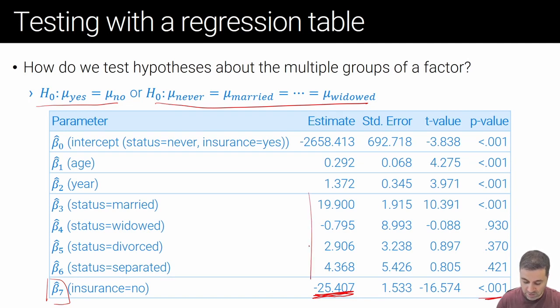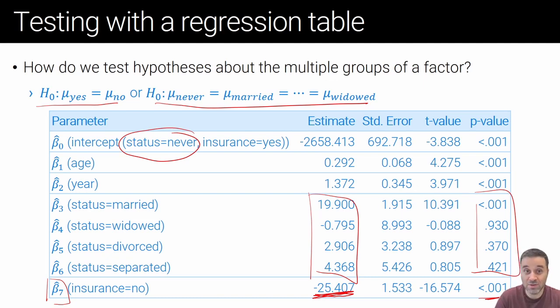So we have to look into all these estimates, all these p-values. But wait, actually those are deviations from one case, which is never married. So how do we really come up with a way of testing hypotheses in such a case? Well, we can't do it directly from this table. We need something else. And ANOVA is going to give us a direct answer to this question.